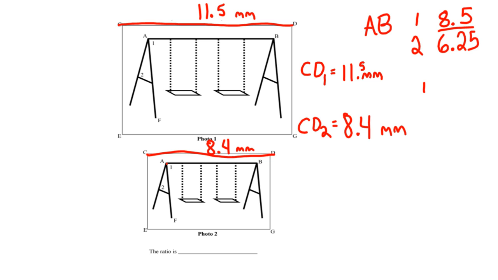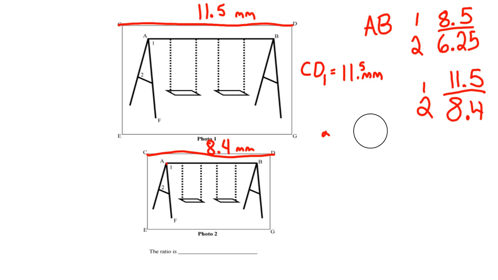This one is going to be my CD. So I've got 11.5 over 8.4. I've got these two ratios, and so we've got two different lines. I've got my CD line after my dilation. I've got my AB line after my dilation.